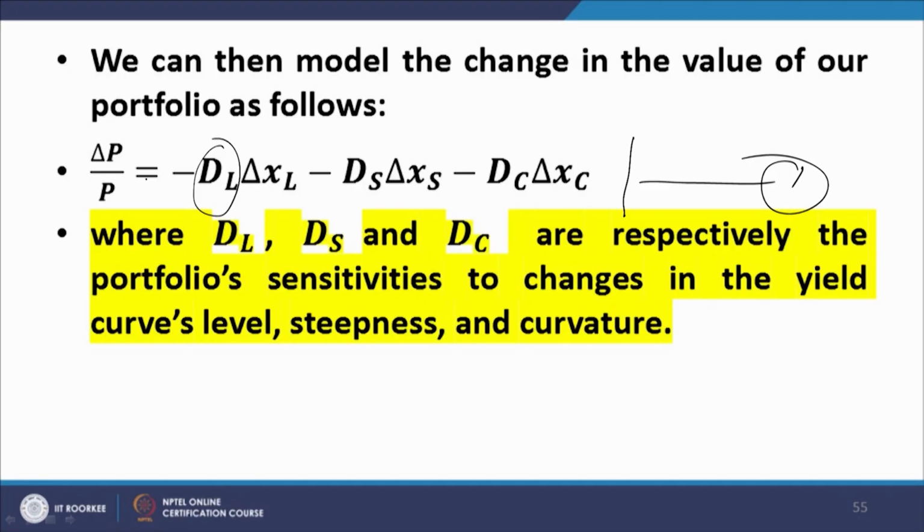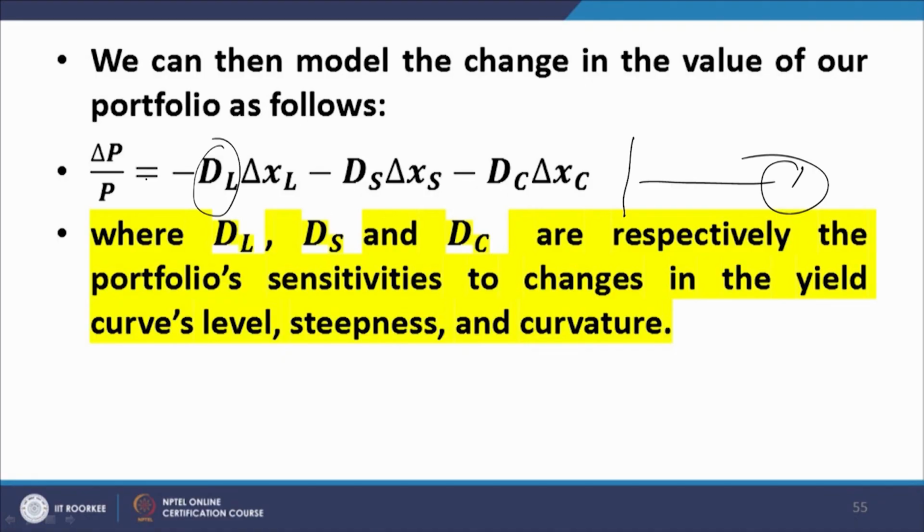Basically what we are trying to say is we are trying to model the entire percentage price change in terms of these three shifts. How much do each of these three shifts contribute to the overall percentage price change, that is captured by this formula. And DL, DS and DC are respectively the price shifts corresponding to unit changes in each of these shifts.